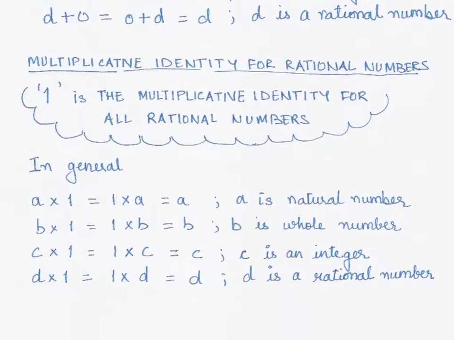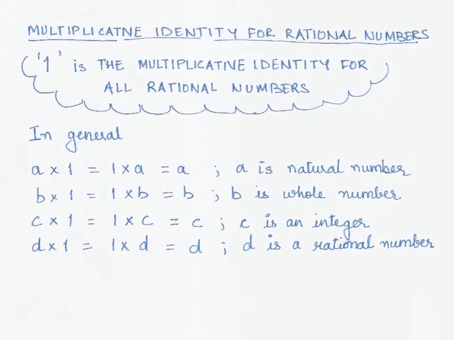The multiplicative identity for rational numbers is the number 1. 1 is the multiplicative identity for all rational numbers. And by the reasoning we did for the additive identity, we can say in general that 1 is the multiplicative identity for natural numbers, whole numbers, integers, and rational numbers.